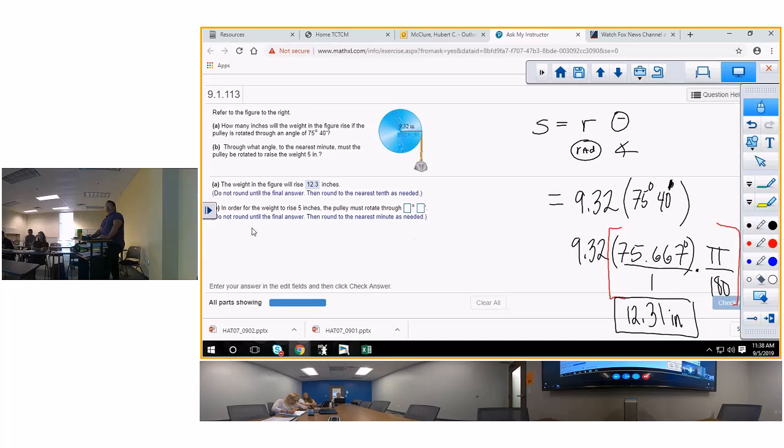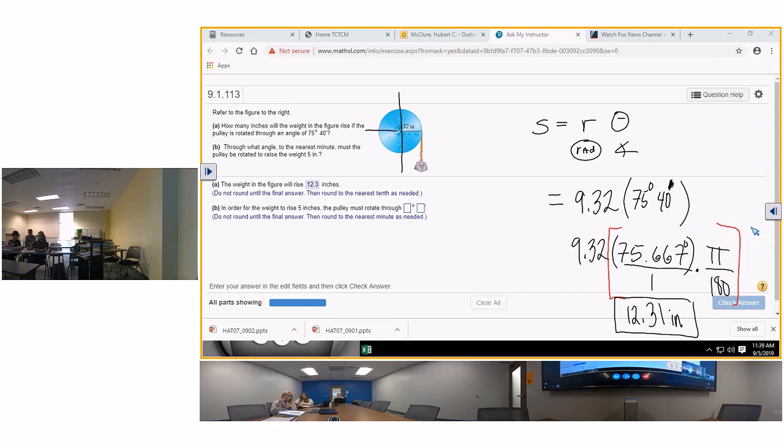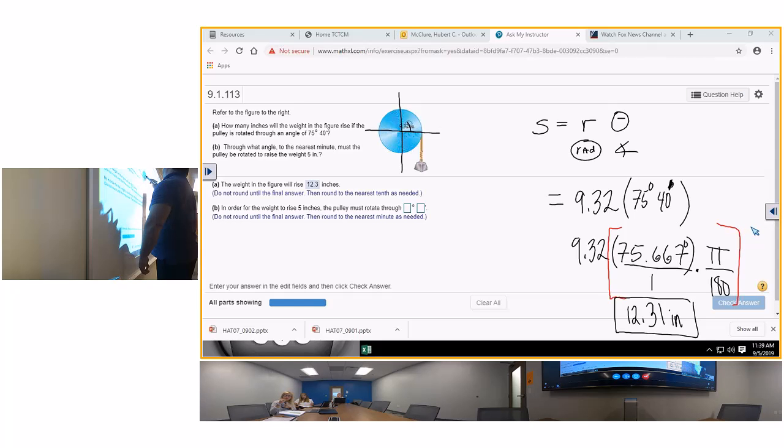Now what do we do? This says, in order for the weight to rise 5 inches. So, I need to show you what we just did. This angle turned 75 degrees.